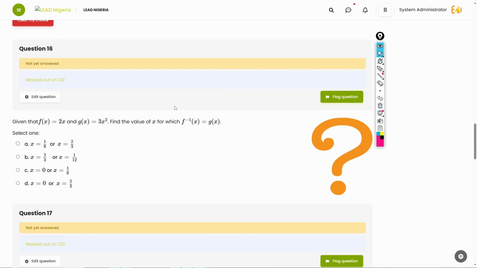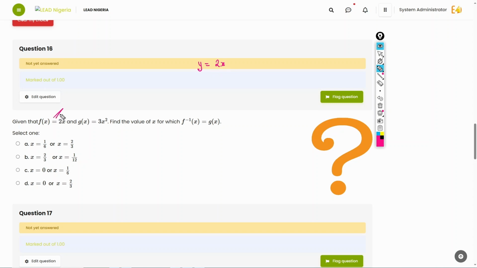All right, 16 says, given that f of x is 2x and g of x is 3x squared, find the value for which the inverse function of f is equal to the original function g of x. Okay, so what's the inverse function? We have y is equal to 2x.